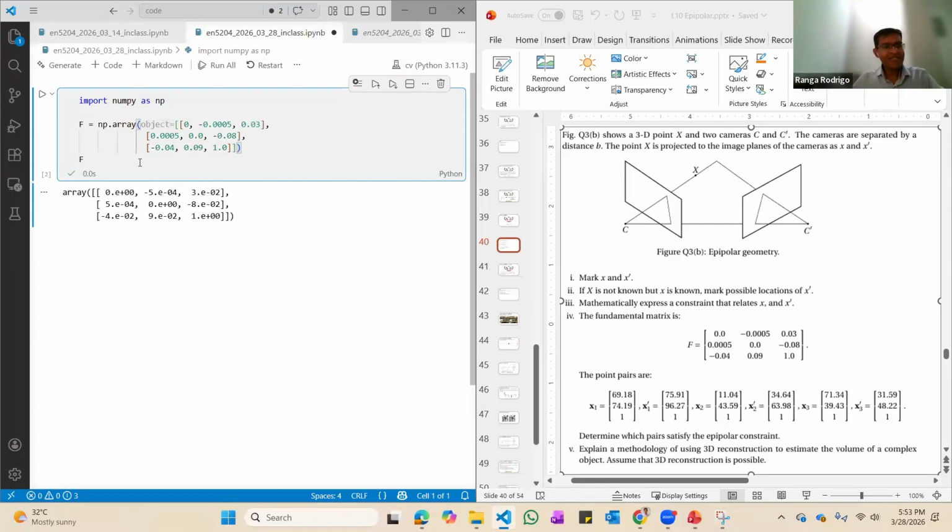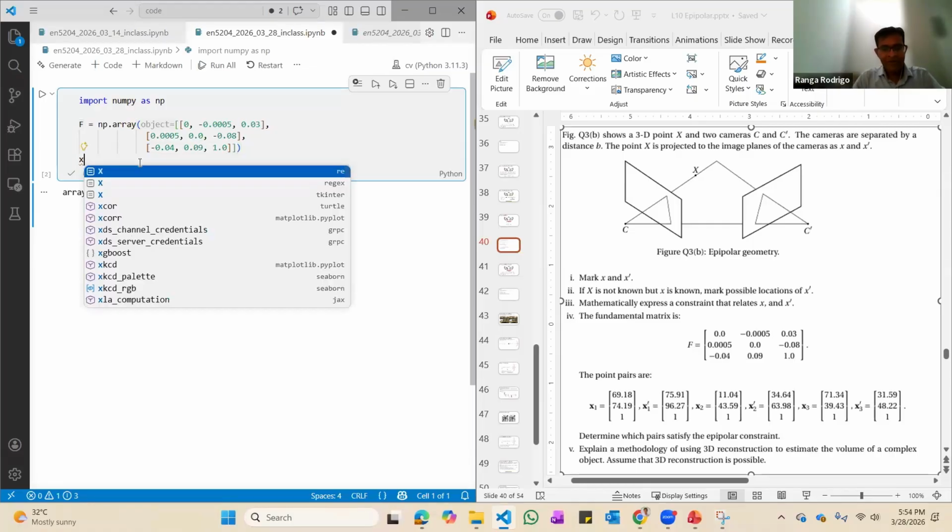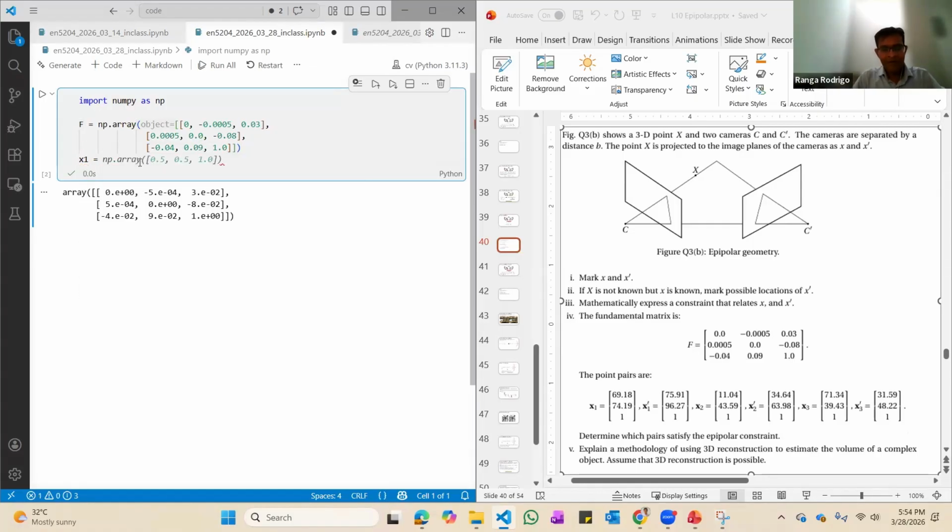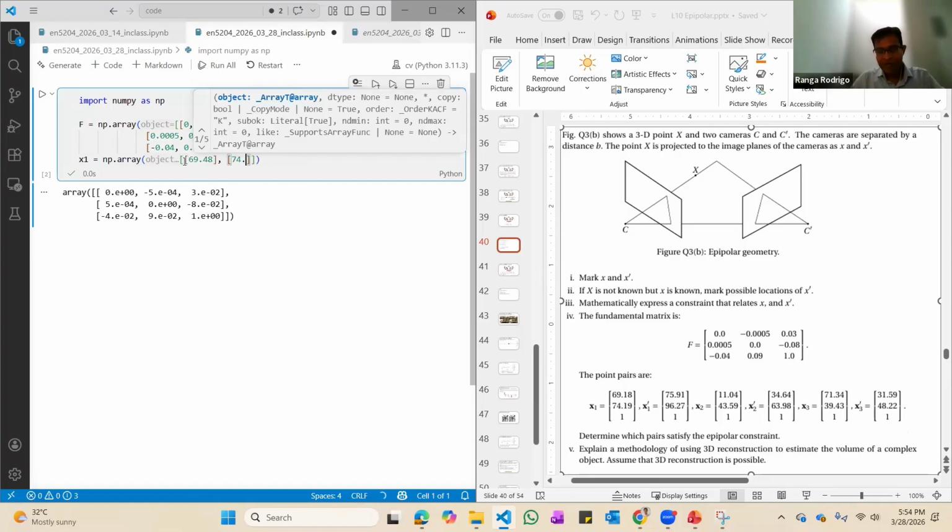Okay. So now let's get the first pair of points. X1 is equal to np dot array. We have to carefully write that. First point is 69.18. Then y coordinate is 74.19. Then 1.